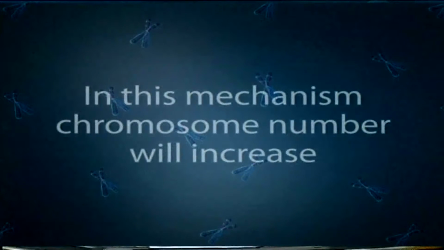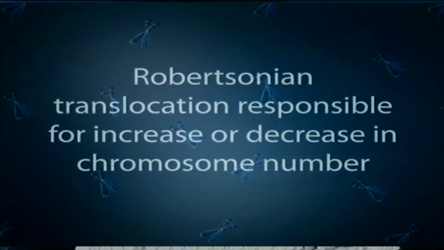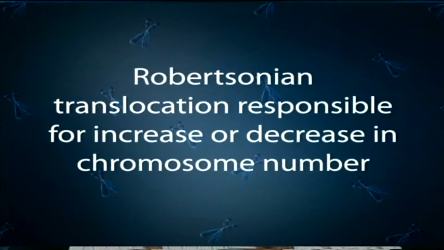In this centric fission mechanism, the chromosome number will therefore increase, because from one metacentric chromosome, two chromosomes are formed. In short, these Robertsonian translocations have tremendous evolutionary significance, because they are responsible for either an increase or decrease in chromosome number or the karyotype complement of a species.